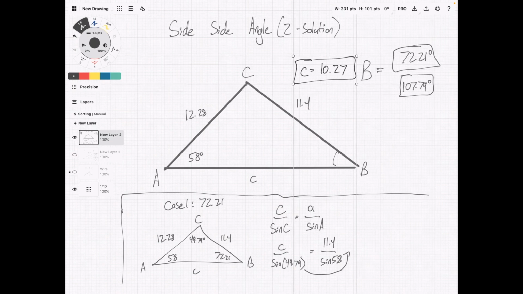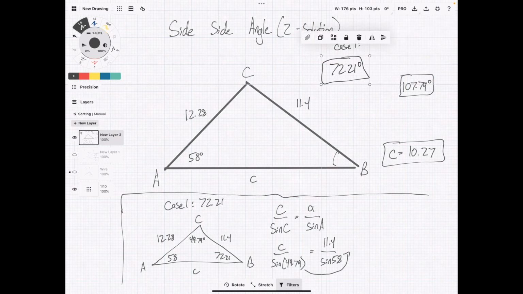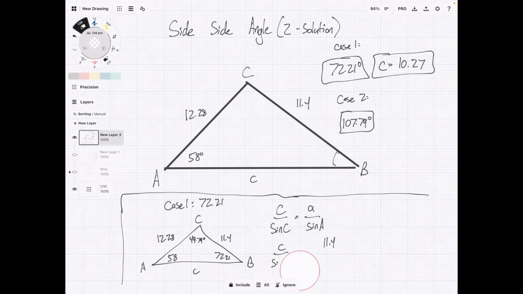Case 1, we have an angle of 72.21 degrees, and C is 10.27. Case 2, which we'll work on next, we're starting with an angle of 107.79 degrees, and we'll have to figure out what the possible C value is.